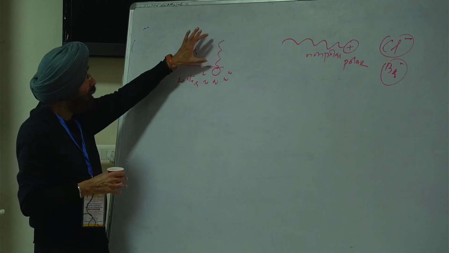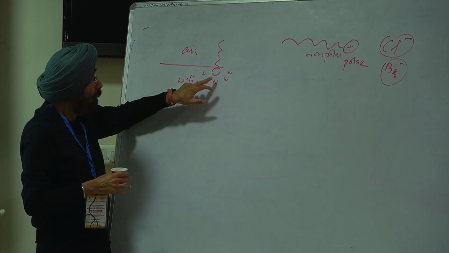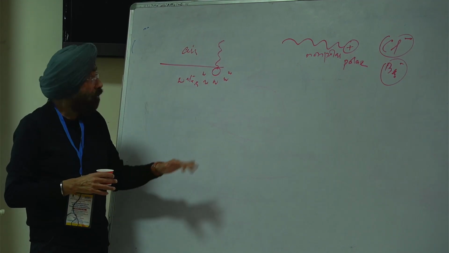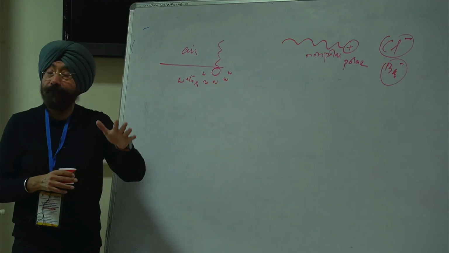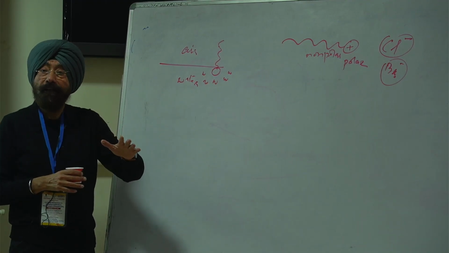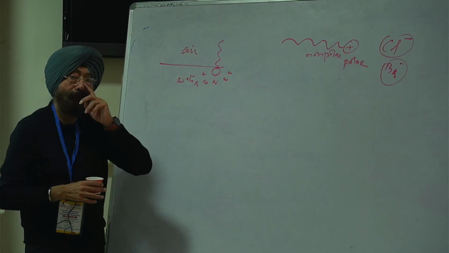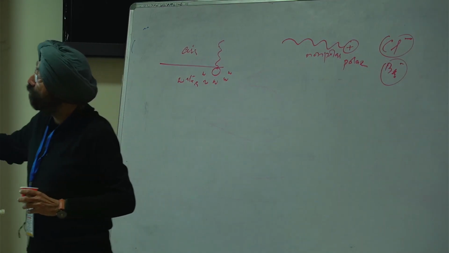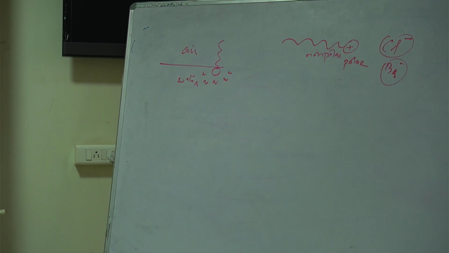But if this is much more non-polar in comparison to the polarity, this molecule has no other possibility except to arrange at the interface. So you have to choose which surface active molecule you are choosing for the surface activity.